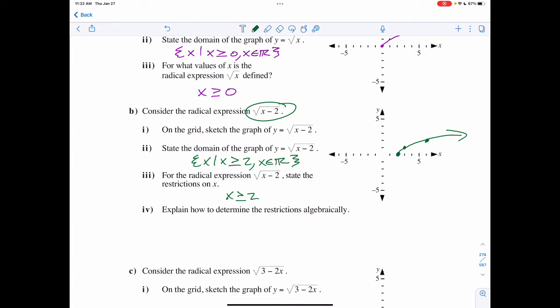How can I determine the restriction algebraically? Well, we know that radicals, or square roots, are only possible if there is a positive number, or 0, as a radicand.